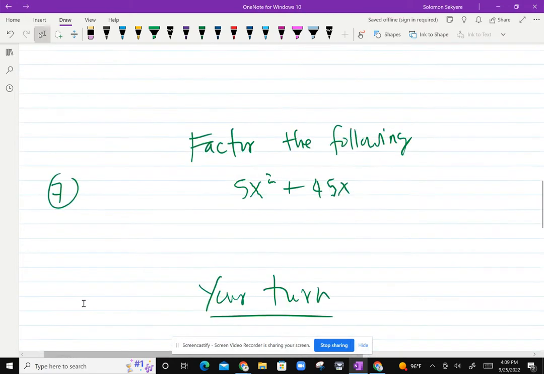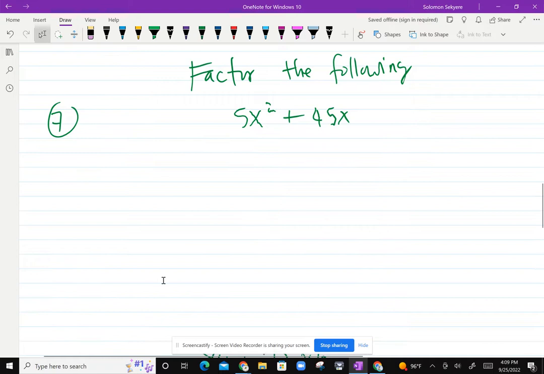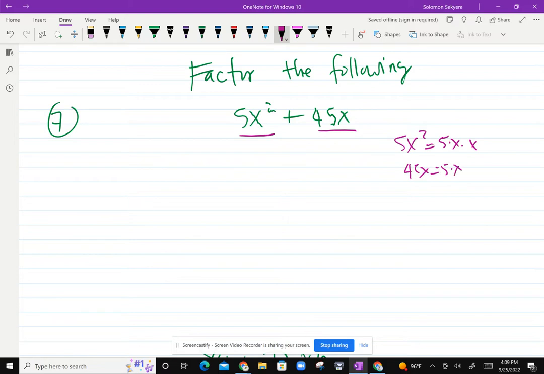All right. What about if you're given 5x squared plus 45x and you're told to factor it out? So you look at 5x squared and 45x and you ask, what is the greatest common factor? So 5x squared is 5 times x times x, and 45x is 5 times x times 9, right? So what is common to both?